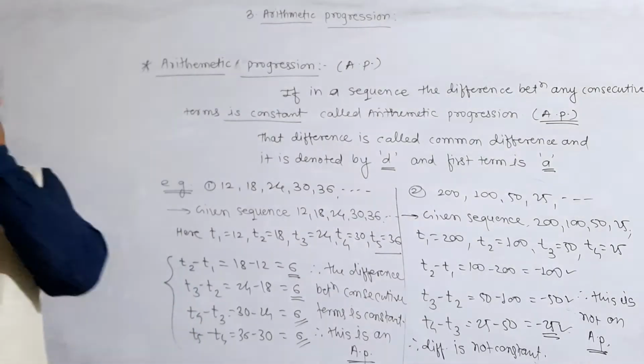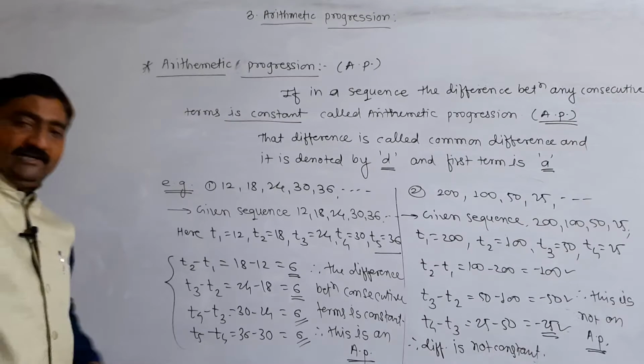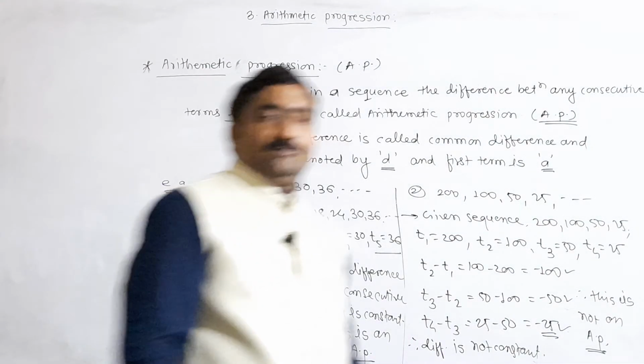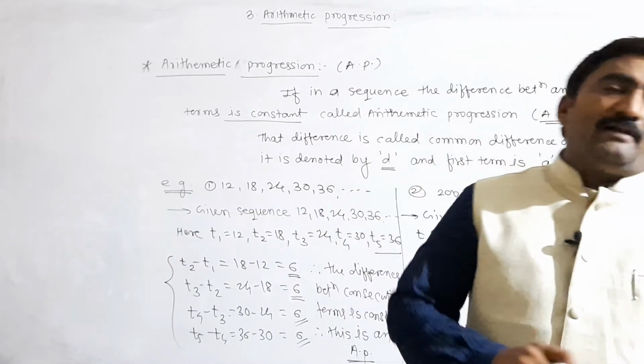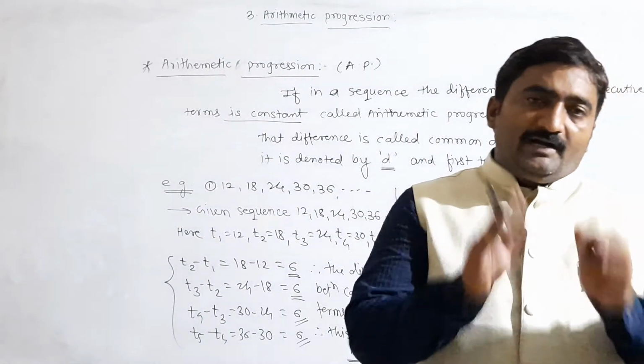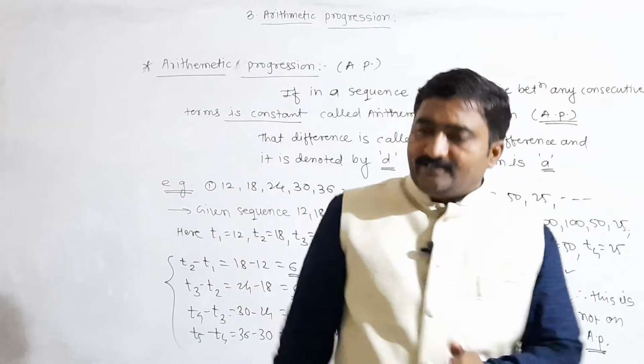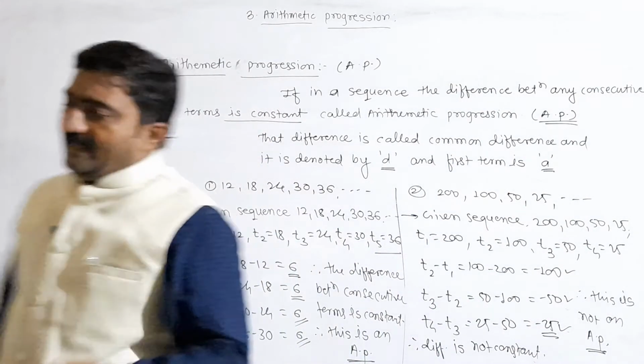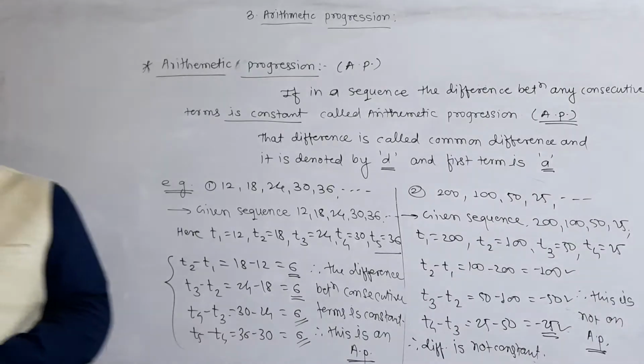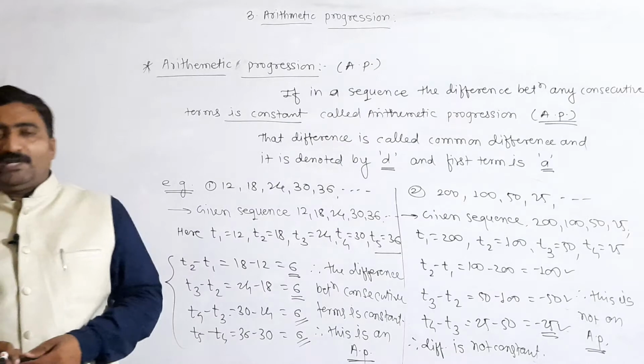So remember that here we are studying arithmetic progression. Firstly we compare two sequences, where the first is an arithmetic progression and the second is a geometric progression. So what is meant by arithmetic progression?